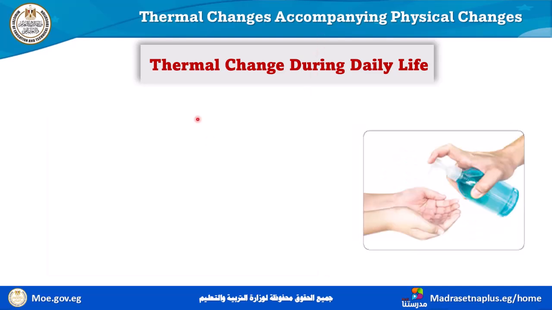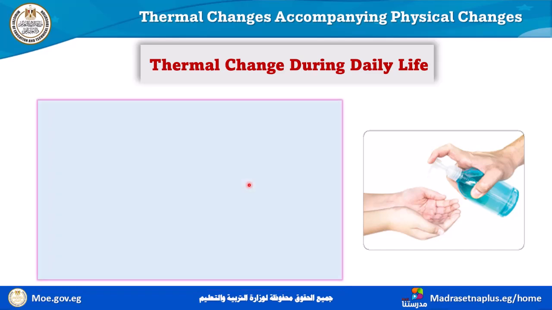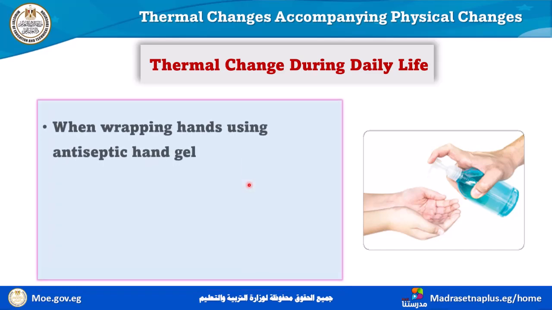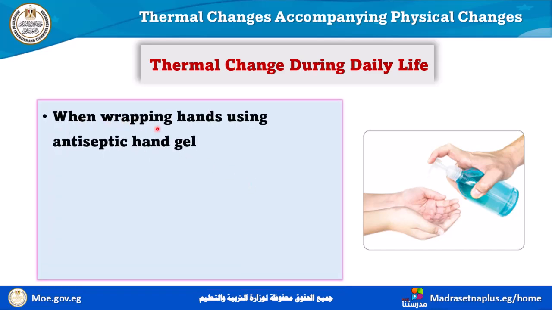Let's learn more about thermal change during daily life and do another simple experiment. We can do it at home. When rubbing hands using antiseptic hand gel, in our homes we have antiseptic hand gel or even a small amount of alcohol. Use a small amount and put it in your hand. What will you feel?